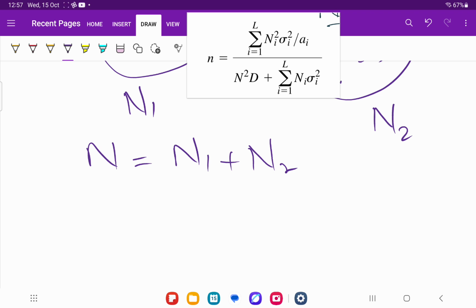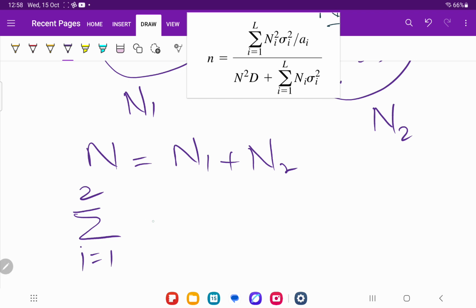So once the total population is there, it means that, for example, if our study is concerned with gender, this formula for n, the numerator, I'm talking about the numerator, will be expanded. In this case L will have a value of 2, because our population is split in two parts.